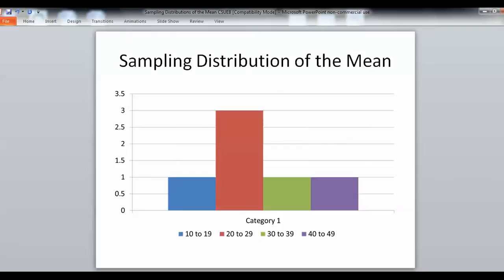Let's see if that's correct. That's correct. You can see that in this histogram. 3 samples had means in the 20s, which is why this goes up to 3. This bar goes up to 1 because one sample had a mean in the 30s. And this bar goes up to 1 because one sample had a mean in the 40s.